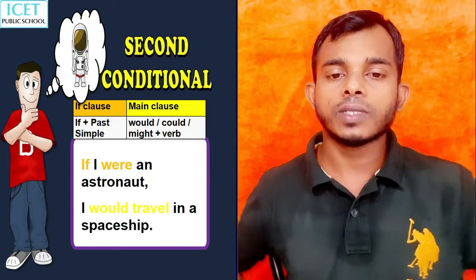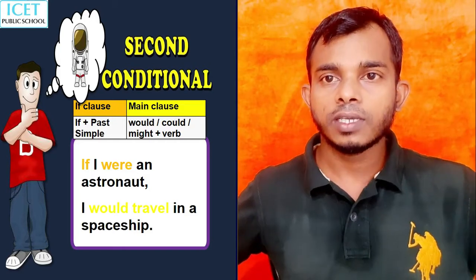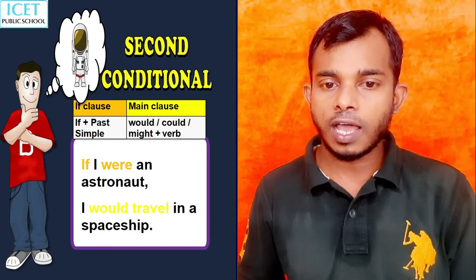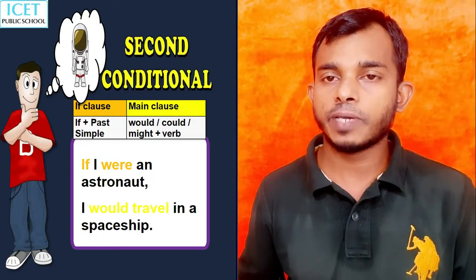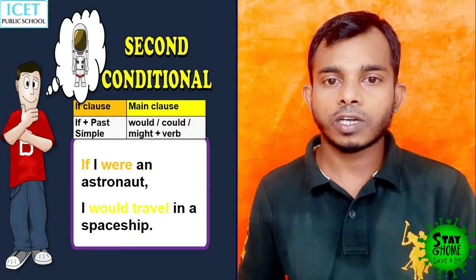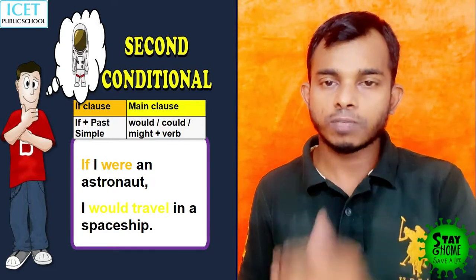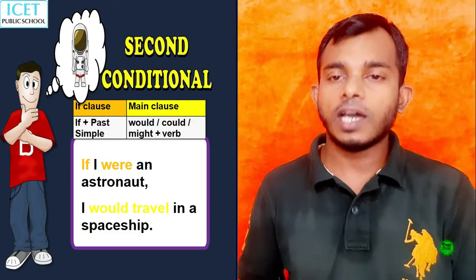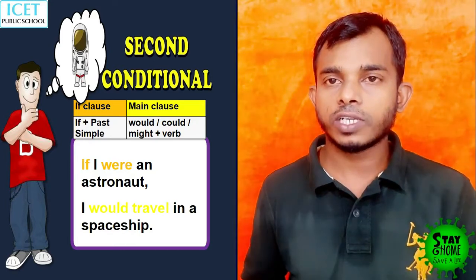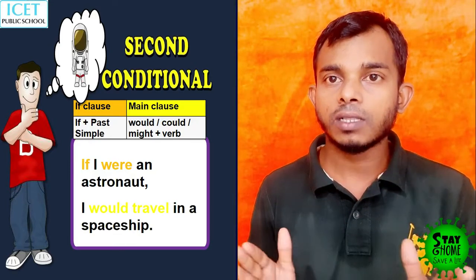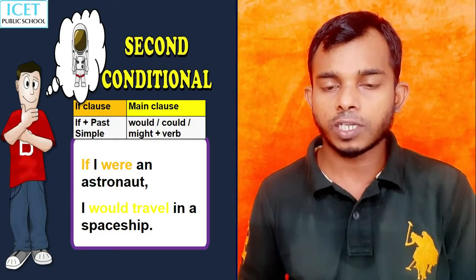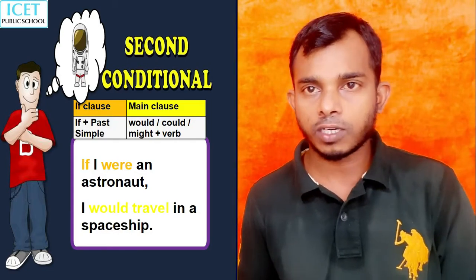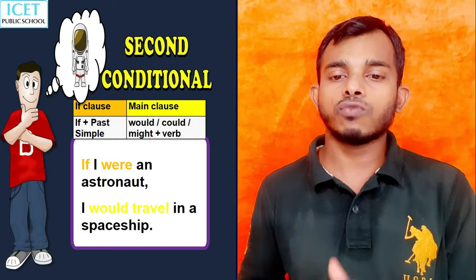Okay, example: If I were an astronaut, I would travel in a spaceship. You have seen the spaceship, I'll show you the picture. If I were an astronaut is written in simple past, not present. Then the main clause will be written along with would.